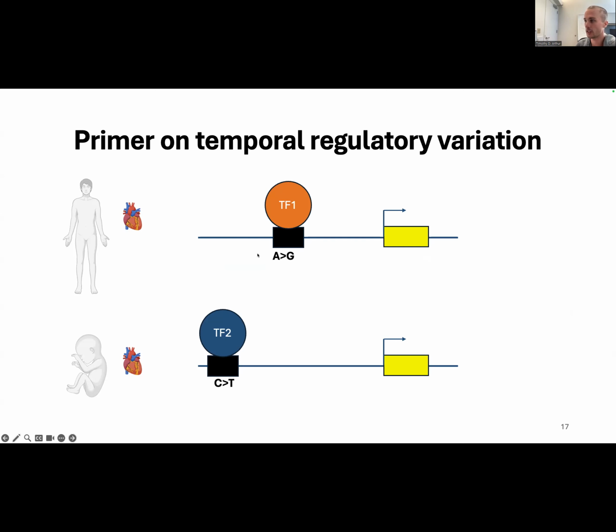So in the adult tissue, we see this transcription factor is regulating the expression of this gene, and this variant can affect the binding of this transcription factor, and the variant affecting the binding of this transcription factor that's active during fetal development can be distinct from the mature or the adult-specific variant.